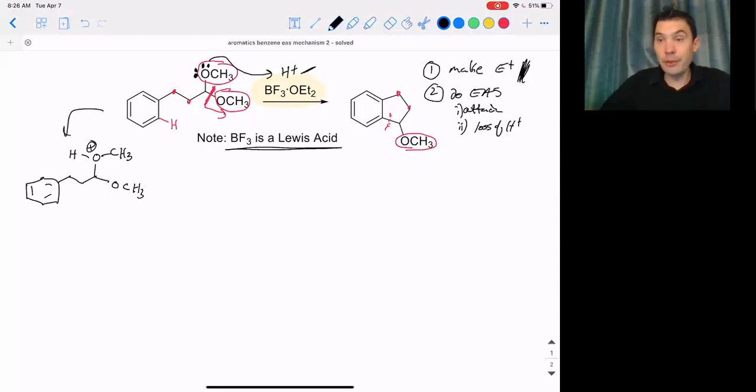After you protonate an ether, it can become a leaving group. And so that's what we're going to do here: we're going to kick off this protonated species, and then we'll lose methanol out of here. So that's okay. And then I'll draw the rest of what that carbocationic intermediate would be.